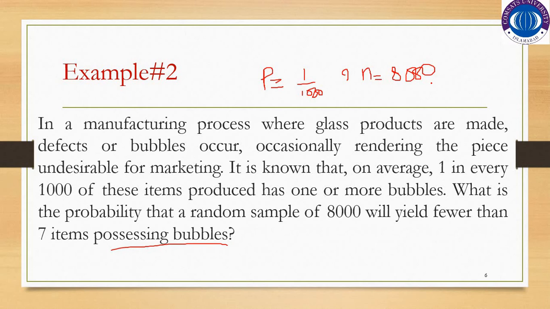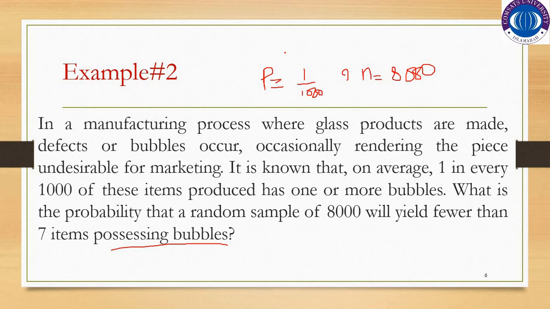Each glass product is independent from the other glass product, so this property is also fulfilled here. And the very last property is that the probability of success remains constant in each trial. As you know, p is 1 over 1,000, which means that on average 1 in every 1,000 of these items would be defective. So this will remain constant in each trial.